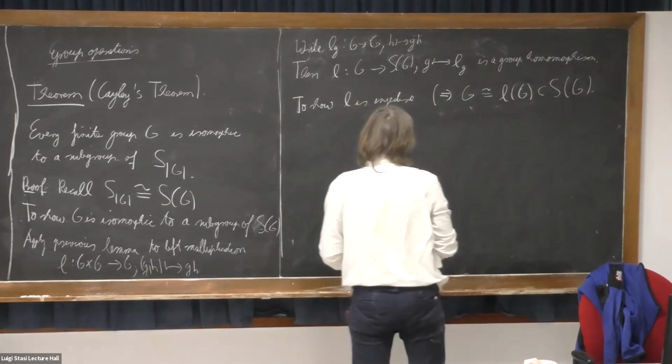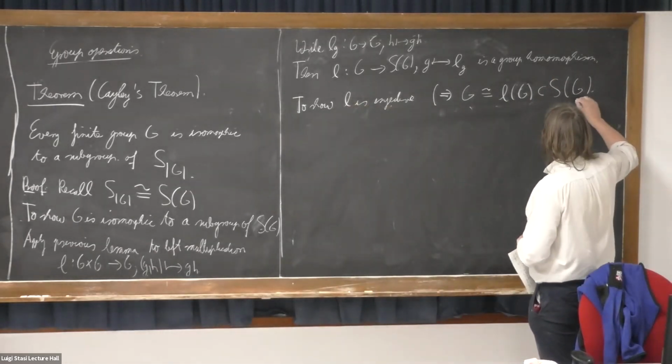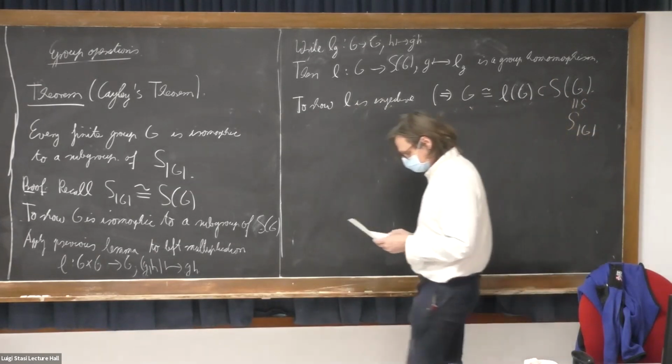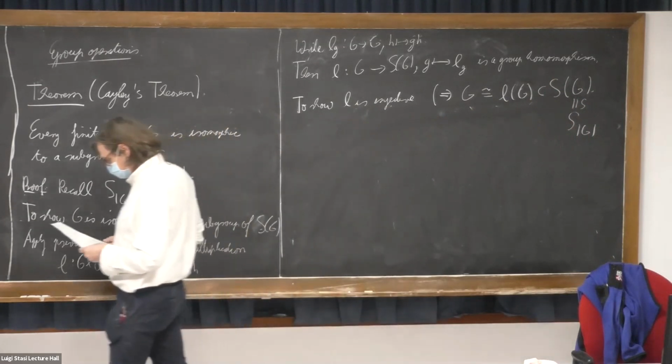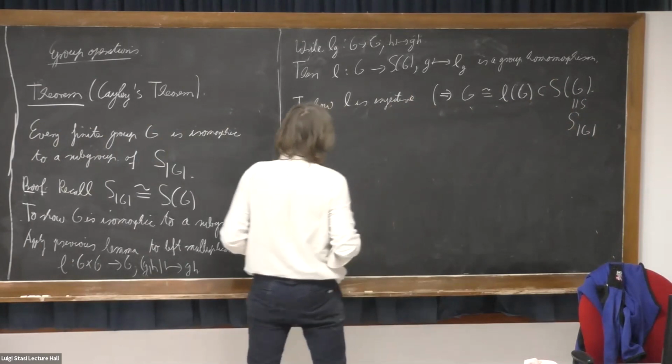The image of this map is a subgroup of the symmetric group, and so G is isomorphic to this image. To show it's injective, we want to show that its kernel only contains one.